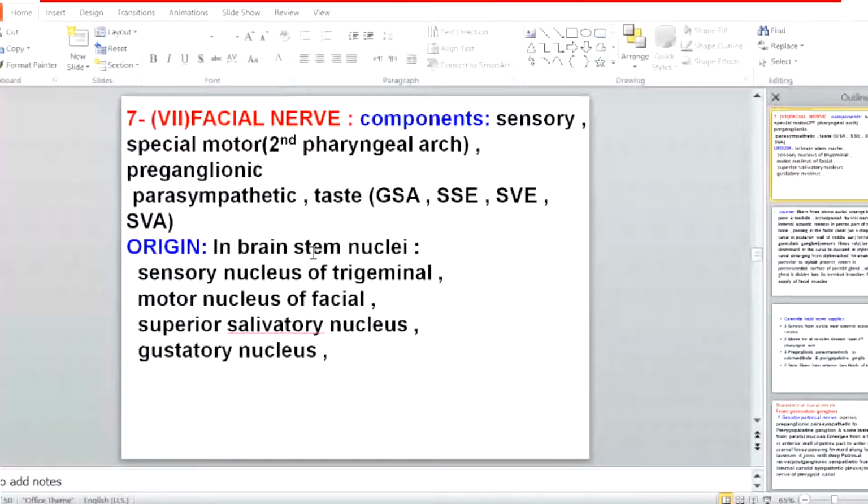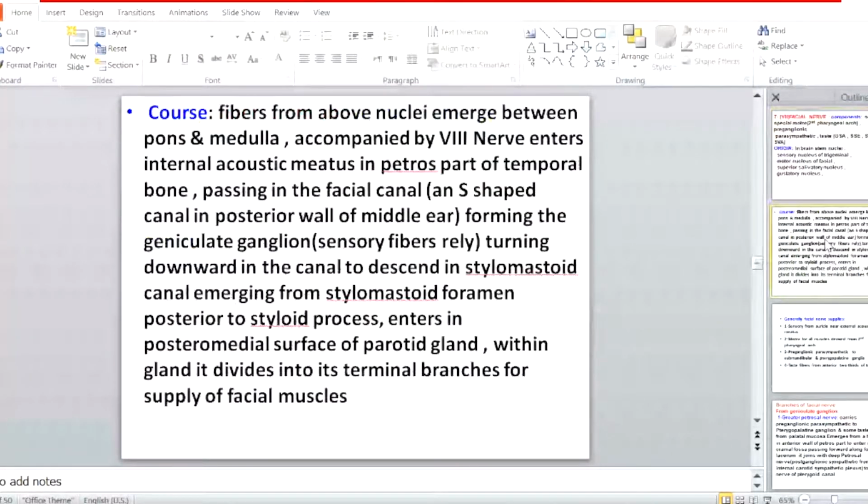So it arises from four nuclei: the sensory from the sensory nucleus of trigeminal nerve, motor from the motor nucleus of facial, preganglionic parasympathetic from superior salivatory nucleus, and the taste fibers from the gustatory nucleus. The course of it, as I said, is complicated, just like reading Alice in Wonderland.